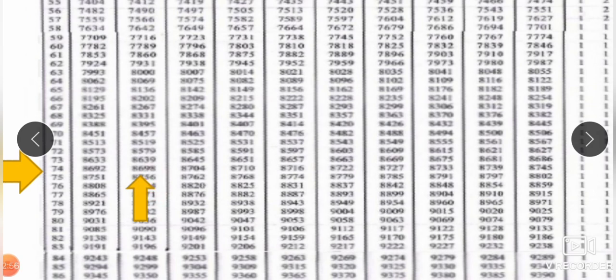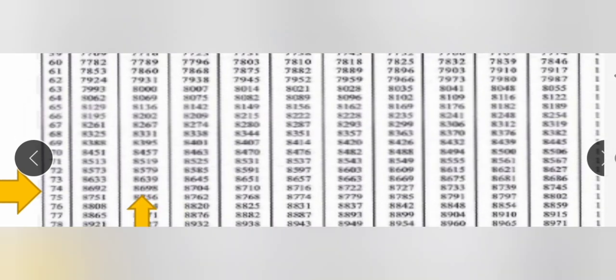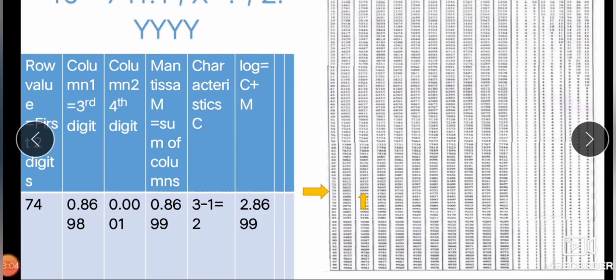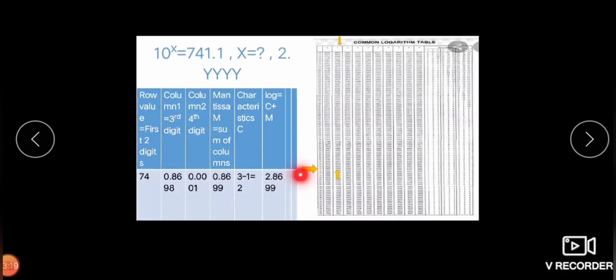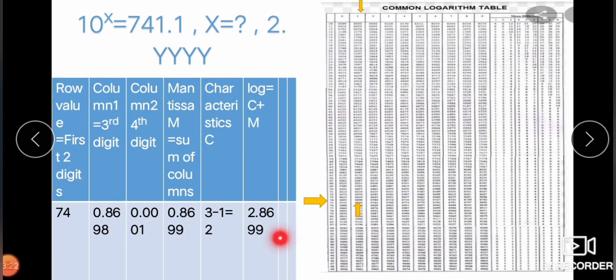Then we get total decimal part 0.8699, and add this value to characteristics 2 and we get total value 2.8699. Hence total index or power of 10 is 2.8699, and 10 raised to 2.8699 is 741.1, means log of 741.1 is 2.8699.